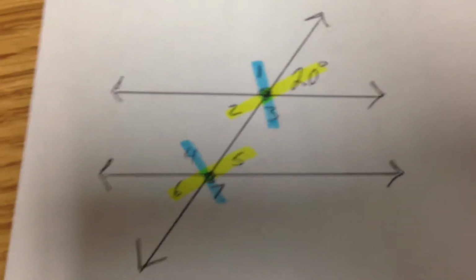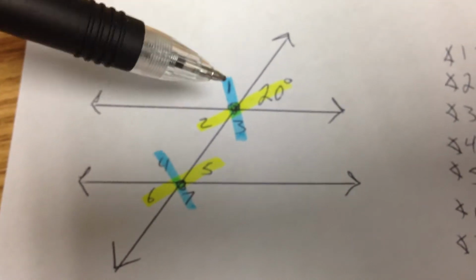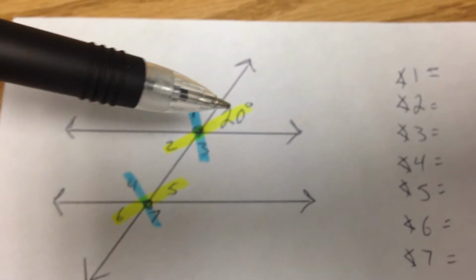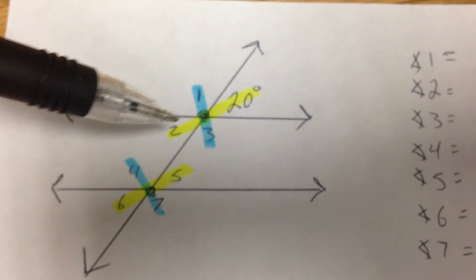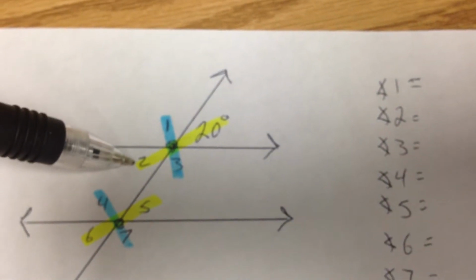I'm going to do a real quick example with you. This one here, we'll say that we know that one of the angles here is 20 degrees. So just going off that, we can get every single other angle. So we know that vertical angles are going to be equal. So 20 degrees is going to be the measurement of angle 2.